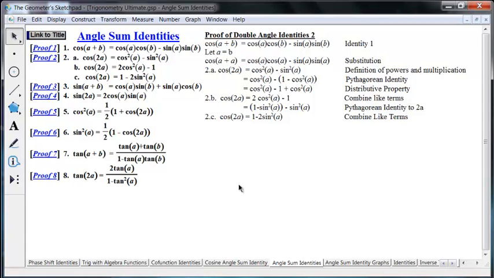Basically we're really using a combination of the commutative, associative, and distributive properties to put all that together. And so that becomes cosine of 2A equals 2 cosine square A minus 1.